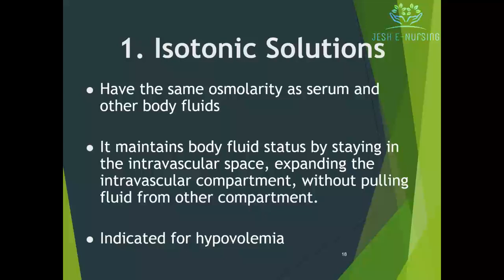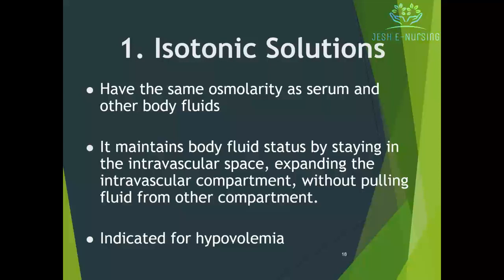That is the function of an isotonic solution. It maintains the body fluid status by staying in the intravascular space. It helps to expand the intravascular compartment without pulling fluid from other compartments. It will not pull fluid from intravascular to extravascular or extravascular to intravascular compartments.